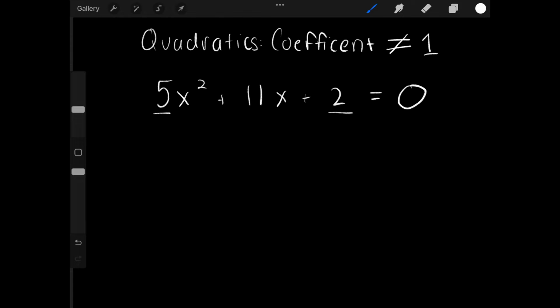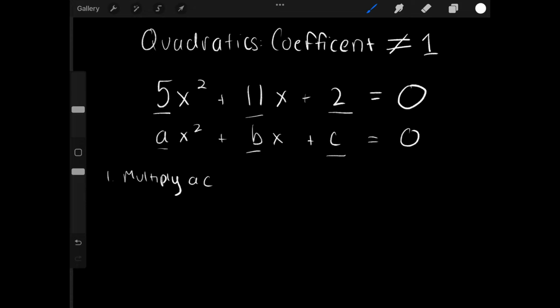And in order to make this a bit easier, I'm actually just going to write the format down here. Okay, so our a we can see is 5, our b is 11, and our c is 2. So the first step is to multiply a and c. So when we multiply ac, in this case 5 and 2, we get 10. So ac is equal to 10.